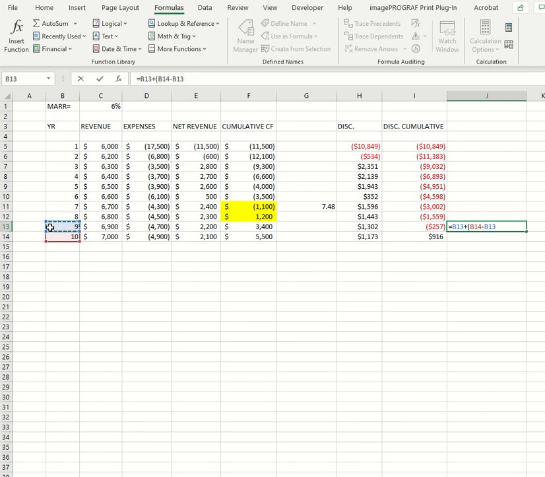The negative here. This is times parentheses 0 minus the cumulative discounted value.